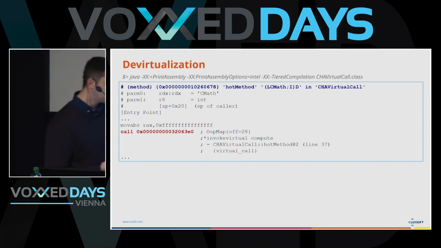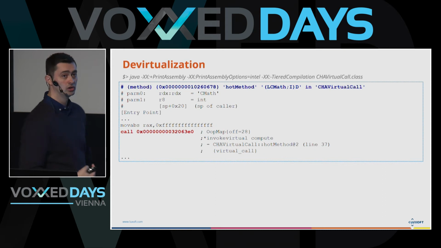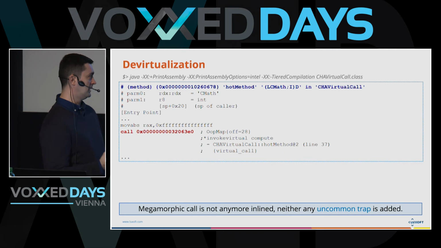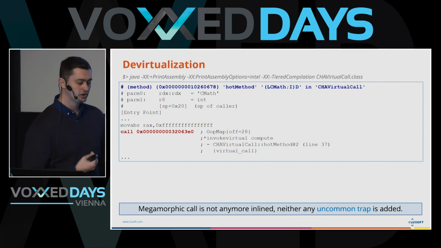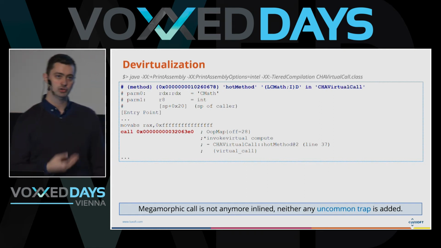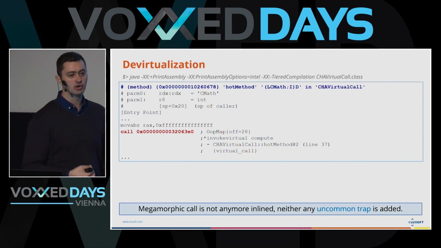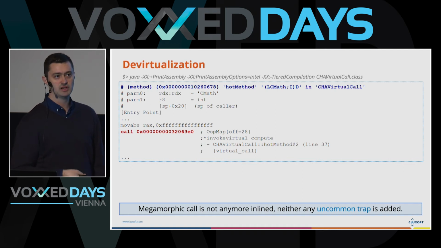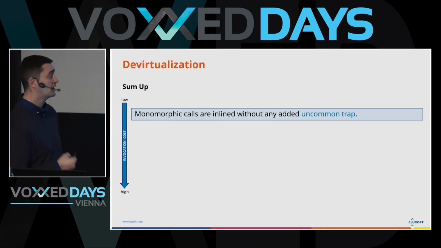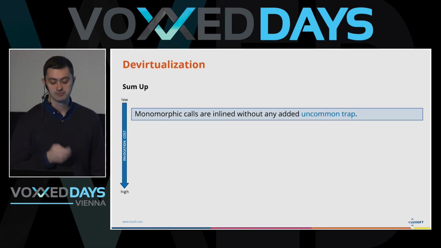It's simple because it contains just a virtual call to the hot method, which leads me to the conclusion that megamorphic calls are mainly the calls starting with the third implementation. The just-in-time compiler neither inlines nor adds any uncommon trap. It just does a virtual call, which is even more costly than bimorphic and monomorphic calls. To reiterate: monomorphic calls are inlined without any uncommon trap.